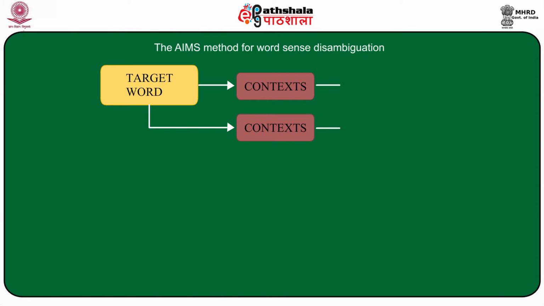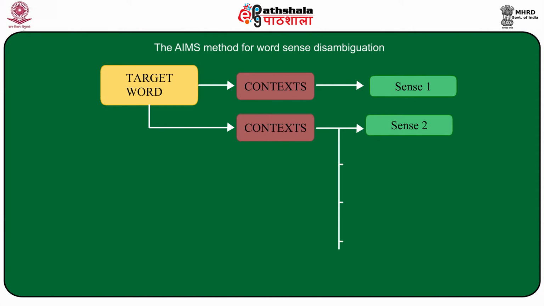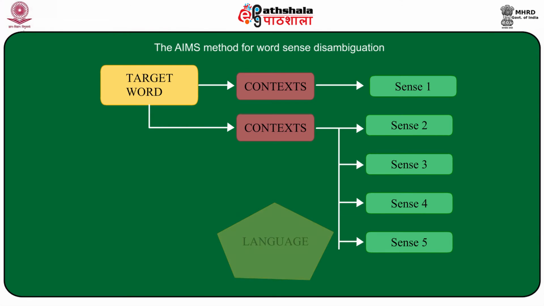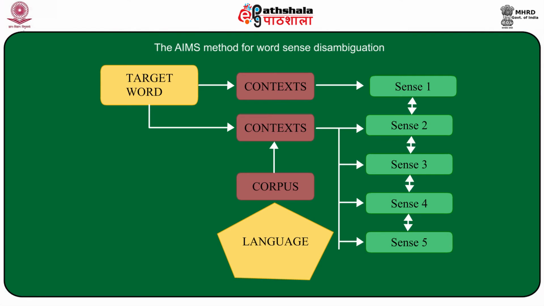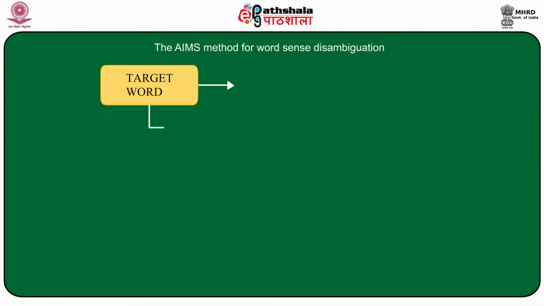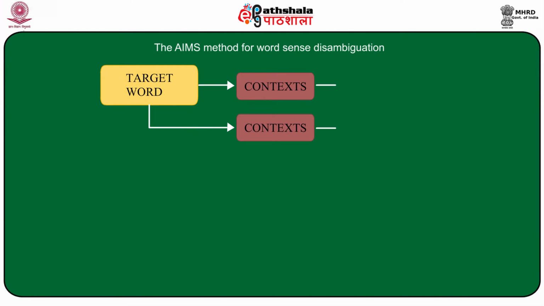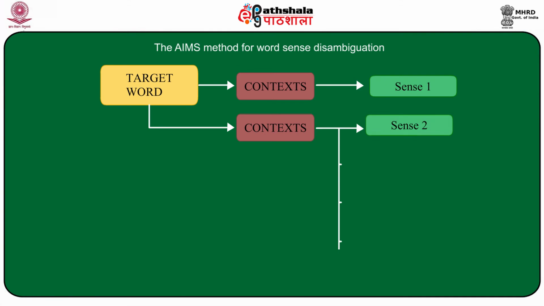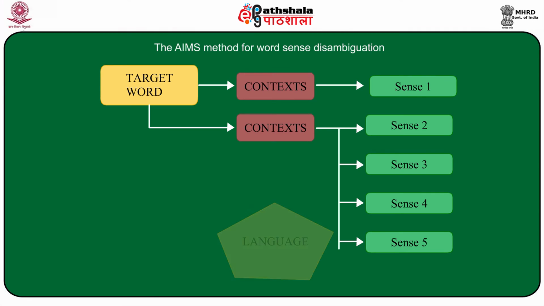So what happens? Let me explain a little bit: there is a target word which has a sense, and this target word has perhaps multiple senses, and in a piece of text it is used in a particular sense. I need to understand in which sense the word is used.